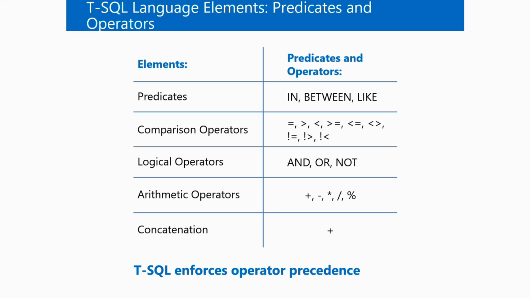The various predicates that we can use are IN, BETWEEN, LIKE, etc. The comparison operators that we can use are equal to, greater than, less than, greater than or equal to, less than or equal to. Similarly, not equal to can be specified in two ways. This is also not equal to, and this one is also not equal to. Then this is not greater than and not less than.